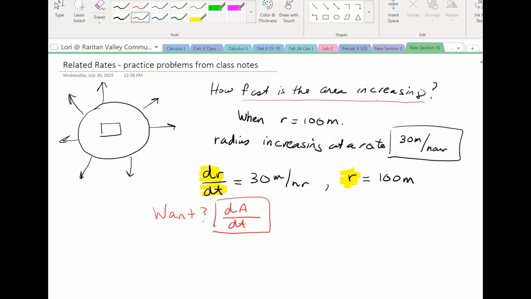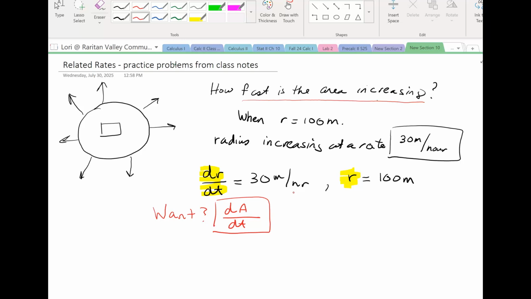Okay? So, a couple things. Because dr/dt is increasing, the radius is increasing at a rate of 30 meters per hour. That means that our change here is positive, so we keep 30 as a positive.